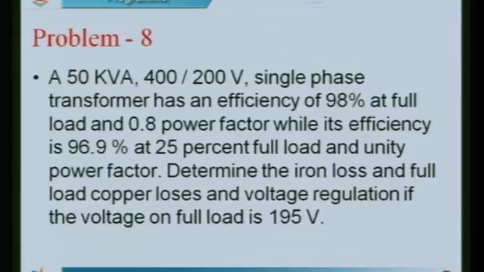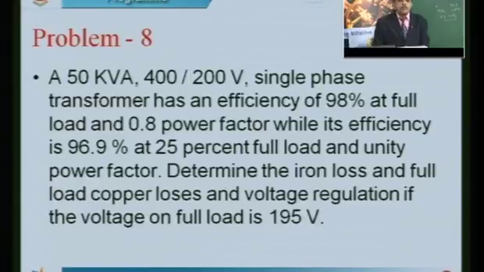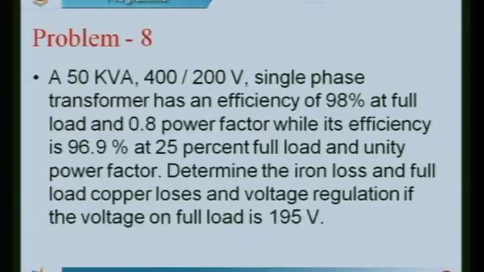Under 25% of the full load, the current supplied will be 25% of 10. 50% will be 5 amperes, so 25% will be 2.5 amperes. Because the current is decreased, the copper loss also decreases. So the copper loss decreases by the square of the percentage of the load.